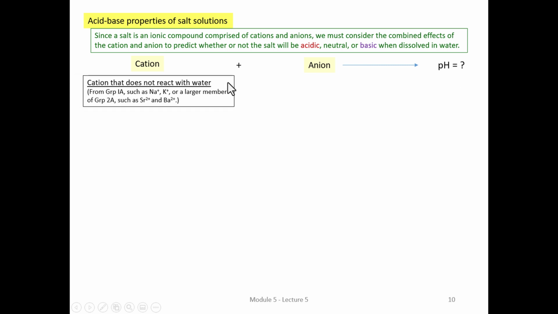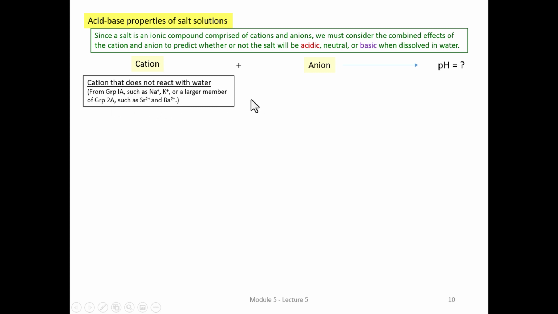Well, suppose we had a compound with a cation that does not react with water. In other words, sodium ion, but other group 1A ions are neutral in water, like potassium, and also a couple of the larger members of group 2A, strontium and barium.